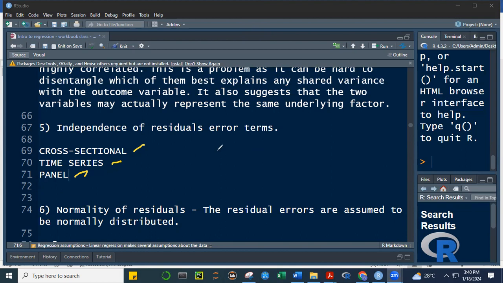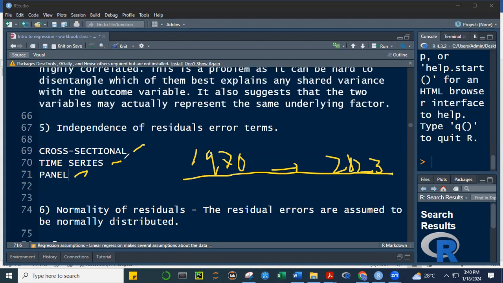Kasi, class, may inherent na arrangement yung data na yan. So suppose you have data from 1970 hanggang 2023. Okay. Now, we cannot reorder this. Hindi natin pwede. I feel ko, gusto ko 2022 muna, tapos 2018, tapos 1978. Hindi pwede yun. May inherent order yung time series natin at saka panel data natin.